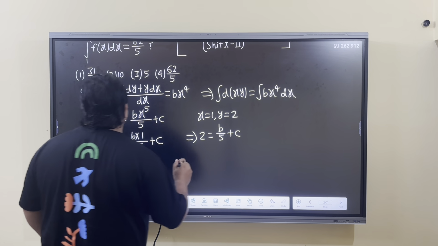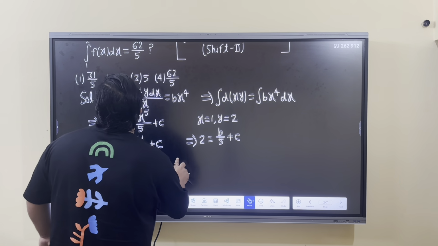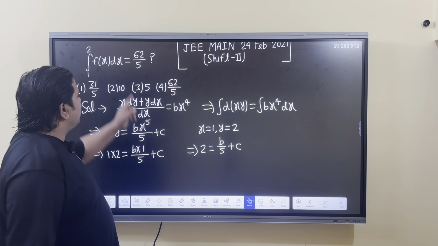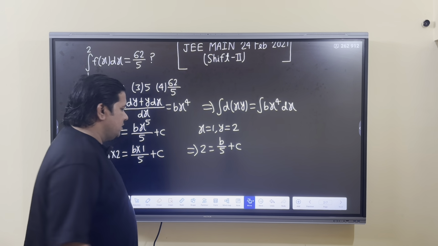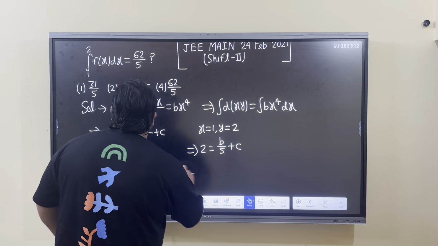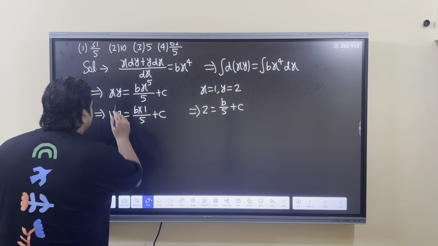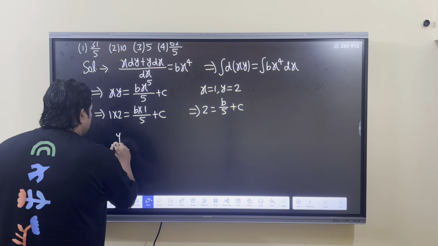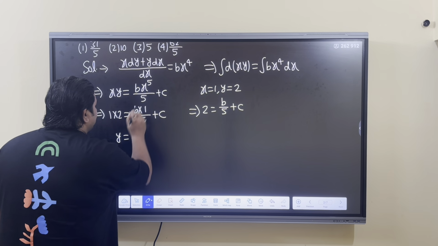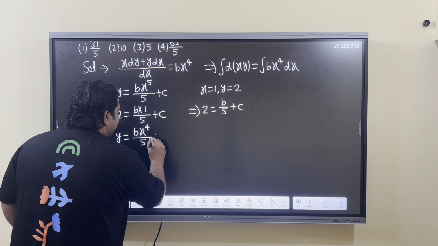Next, one more piece of information is that the integration of f of x between 1 to 2 is 62/5. So f of x is nothing but y, and from here, what is y? If we divide by x, it will become y = b x^4/5 + c/x.